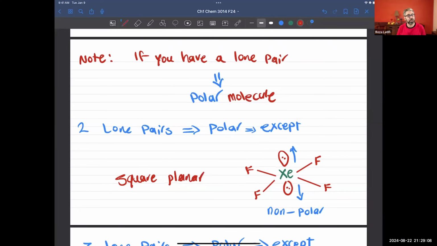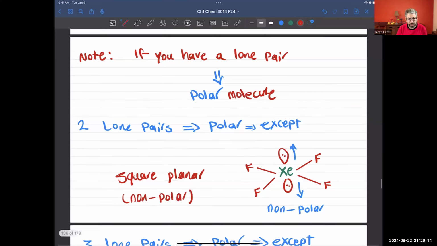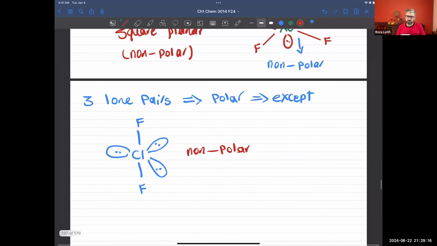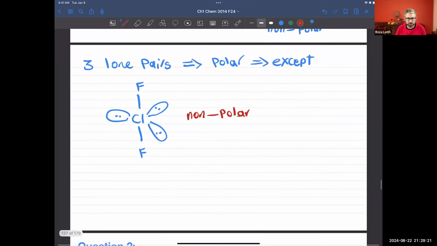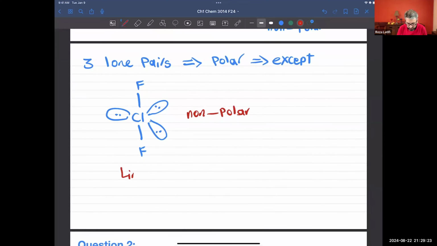That one will be non-polar. How about 3 lone pairs? Yes, it will be polar, except when you are dealing with linear geometry.